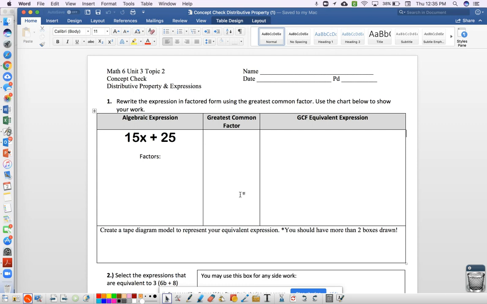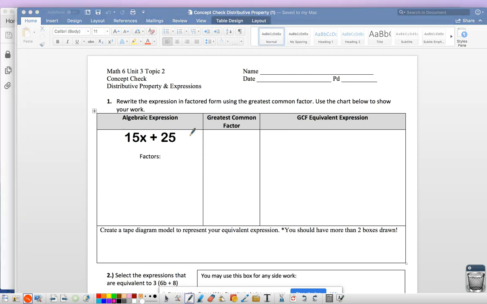So the question is, rewrite the expression in factored form using the greatest common factor. Use the chart below to show your work. Okay, so remember factors are what make the numbers using multiplication. So we are going to make our t-chart, and I definitely know that you guys remember our good old t-chart, okay?